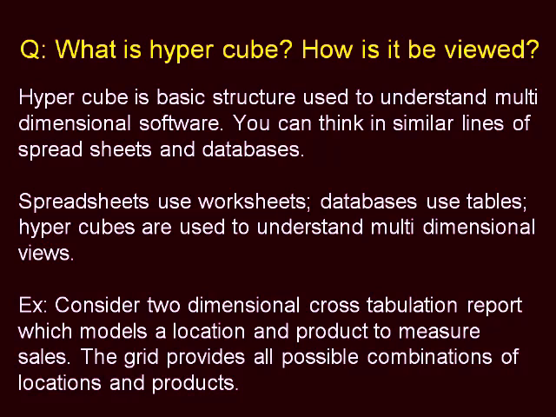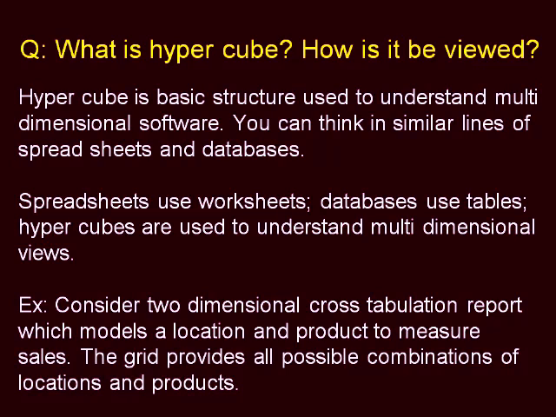This two-dimensional grid provides all possible combinations of locations and products. So that means if you have K locations and P products, for each combination of location across the products, sales are computed here. Now coming to your second question, how it is viewed.